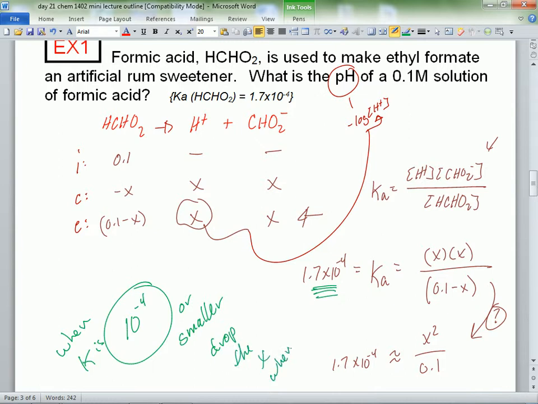I guess when adding or subtracting it, right? Just like here. So what is smaller than 10 to the negative 4? 10 to the negative 5. 10 to the negative 6.